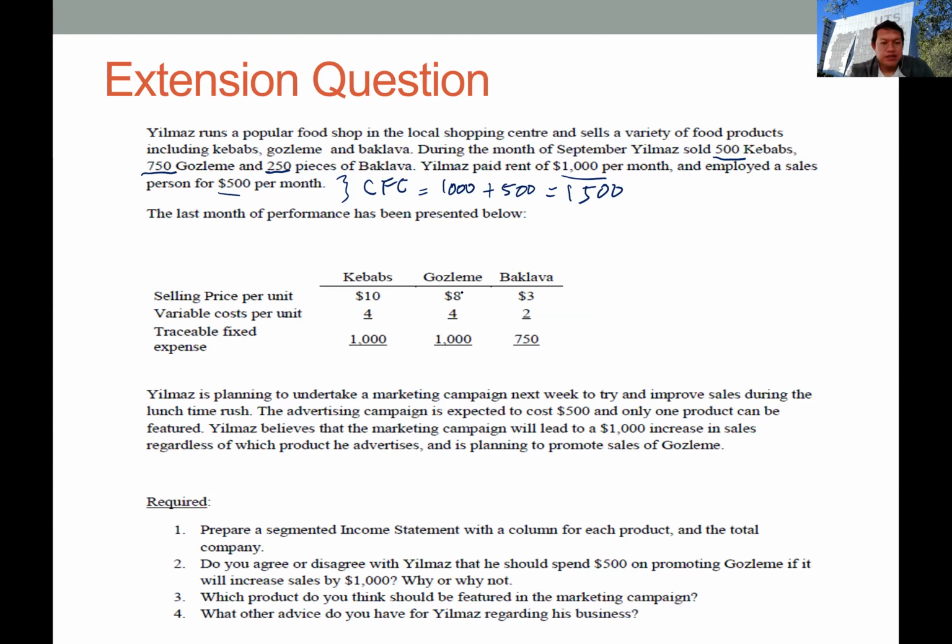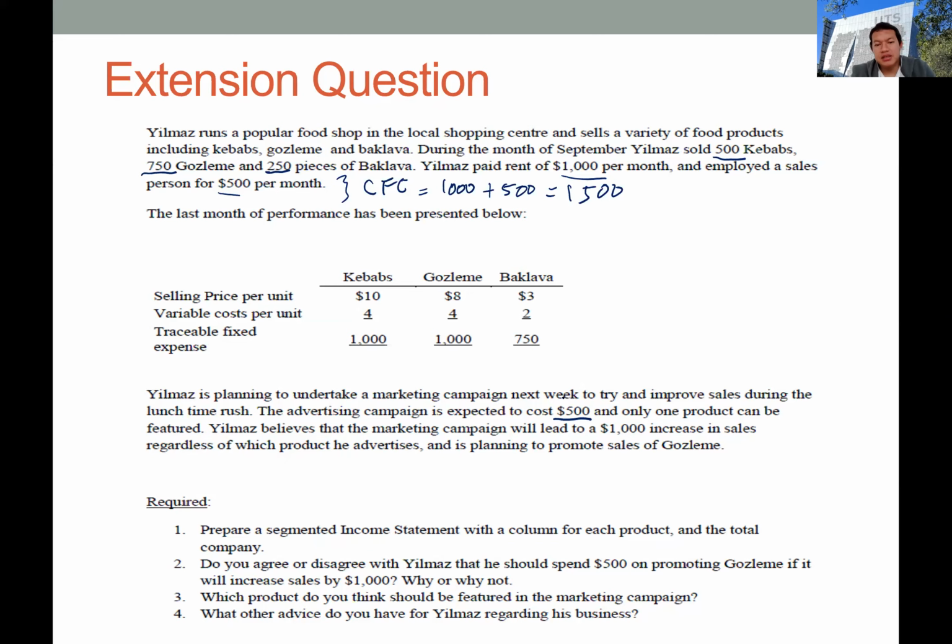Okay, and then Yilmaz is planning to undertake a marketing campaign next week to try and improve sales during the lunchtime rush. The advertising campaign is expected to cost 500. So the additional advertising expense is 500, and only one product can be featured. So the company should choose one product to be promoted.